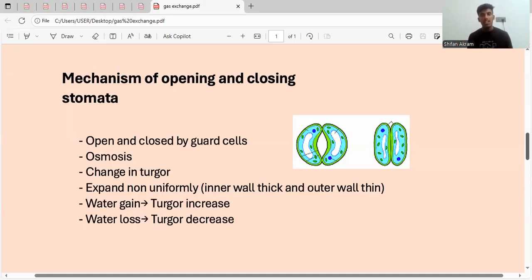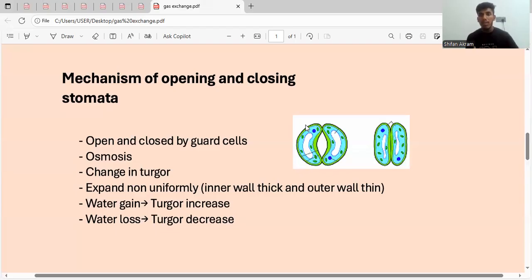But guard cells are specialized in a way that they expand only from one side, which is the outer membrane. The outer membrane expands because it is thin, but the inner membrane won't expand because it is thick. So the inner membrane bends while expanding, and while it bends, the stomata opens. This is the mechanism by which guard cells open up the stomata.